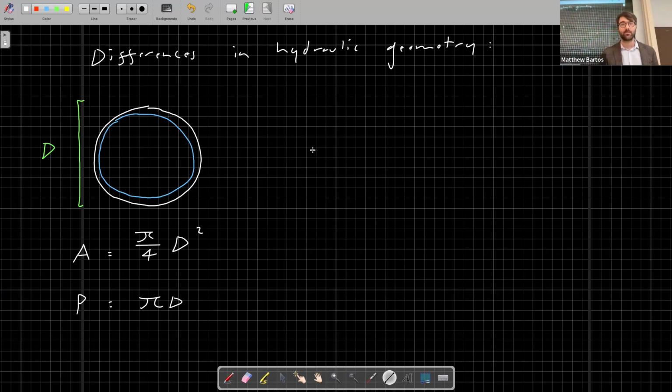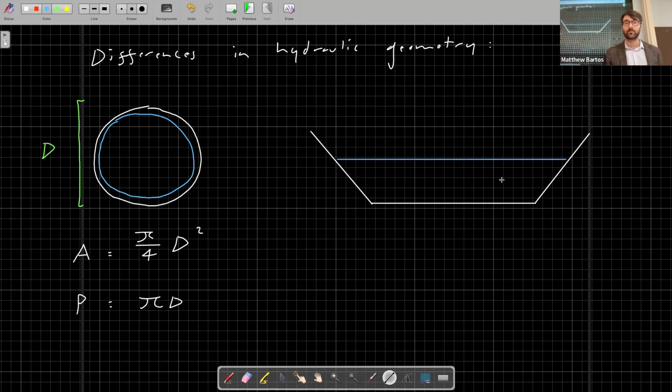Let's take a look at the case of open channel flow. Let's say we have a trapezoidal channel. We have some water level in the channel, and we'll call it H1. At some point, that water level may rise to H2, a different height.